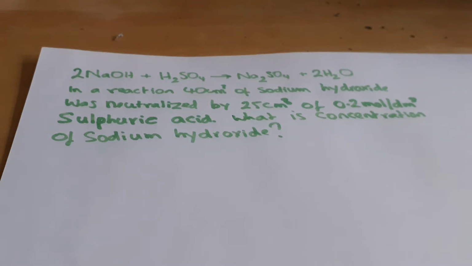And it says, in the reaction, 40 centimetre cube of sodium hydroxide was neutralised by 25 centimetre cube of a 0.2 mole per decimetre cube sulfuric acid. What is the concentration of the sodium hydroxide?